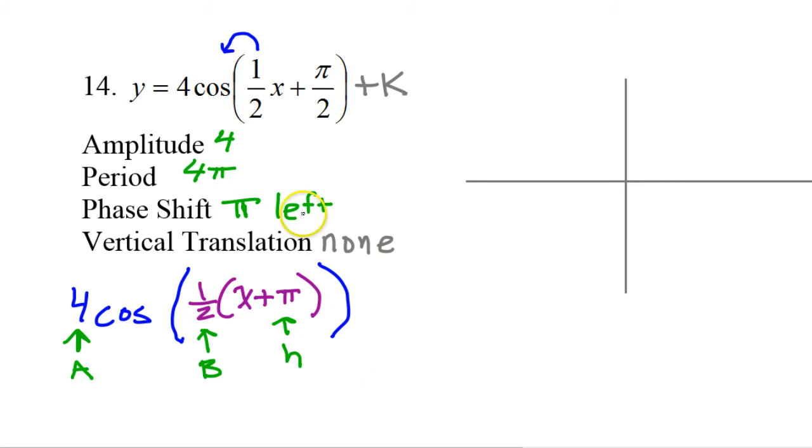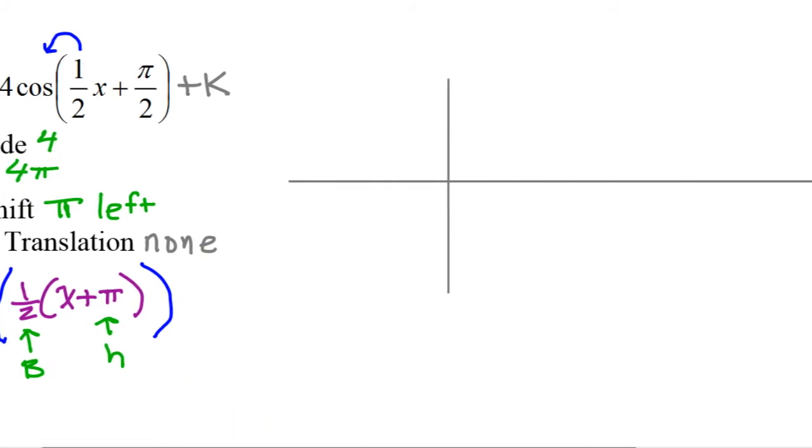As I go to do the graph, the first thing I look at is the period. I see the period here is 4 pi, so I'm going to come way over here and put my 4 pi. Now if I go halfway, I know that that will be 2 pi. If I do half of that, I know that will just be pi.